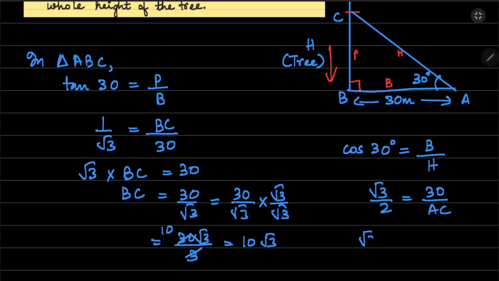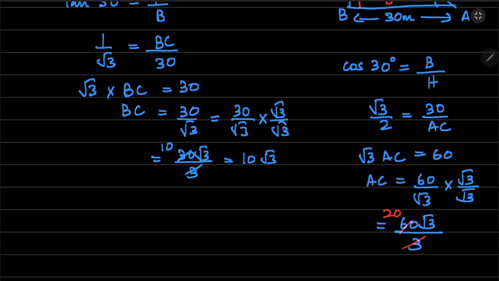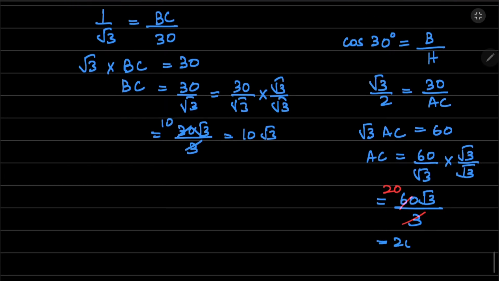So you have root 3 AC equal to 60. So AC is equal to 60 by root 3. Multiply numerator and denominator by root 3. So 60 root 3 by 3, which is 20 root 3. 20 root 3 is the length of AC.